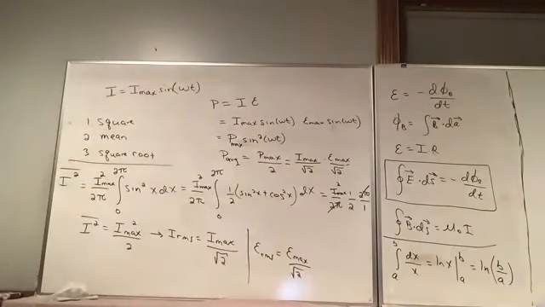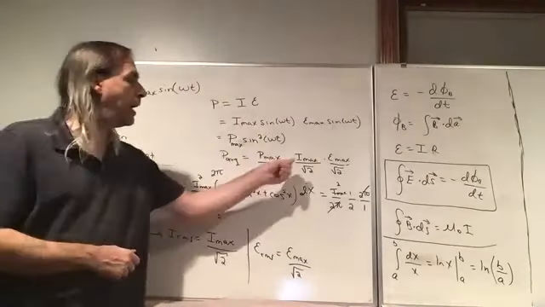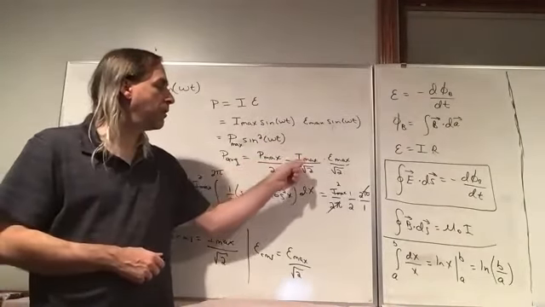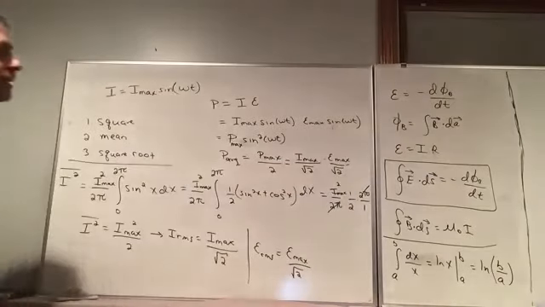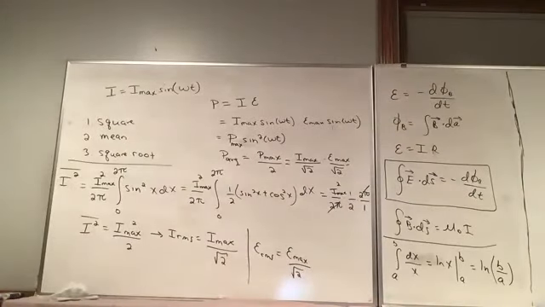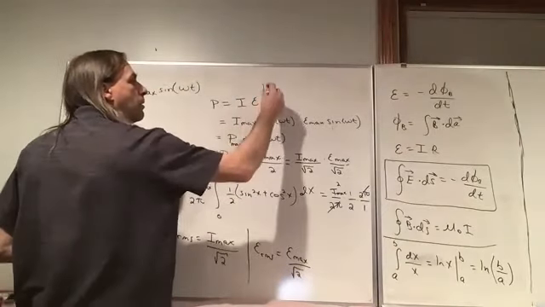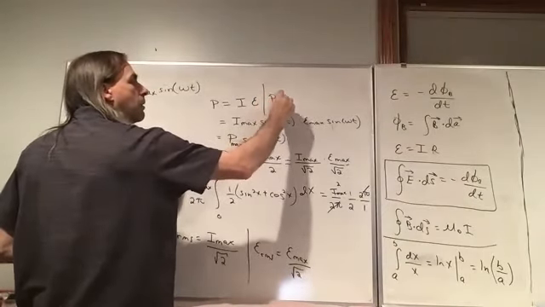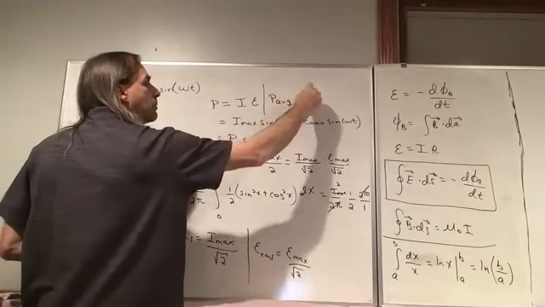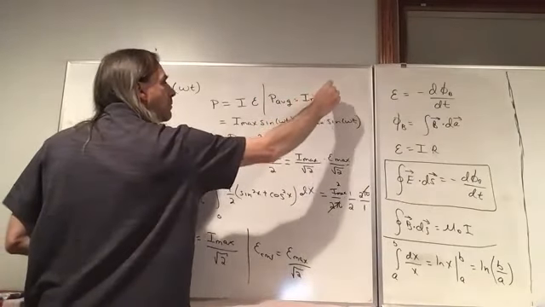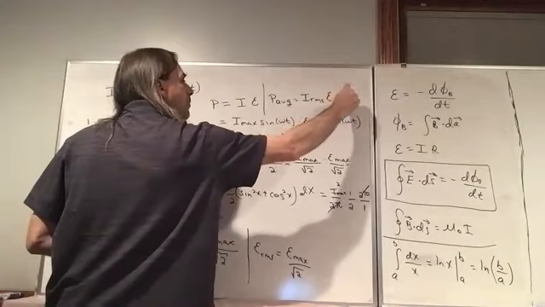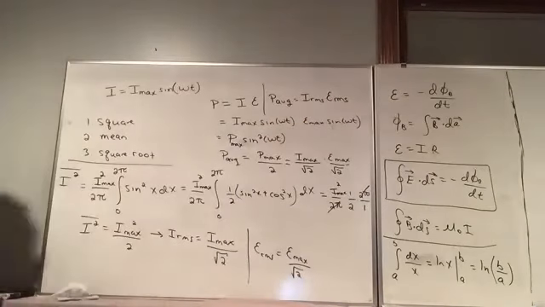So the average power, we can write it this way, where this is the RMS value of the current, and that's the RMS value of the voltage. Power always flows in one direction.